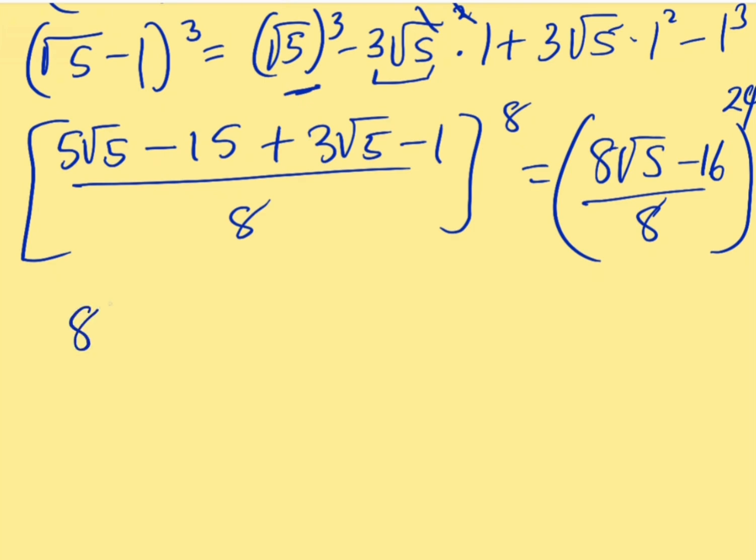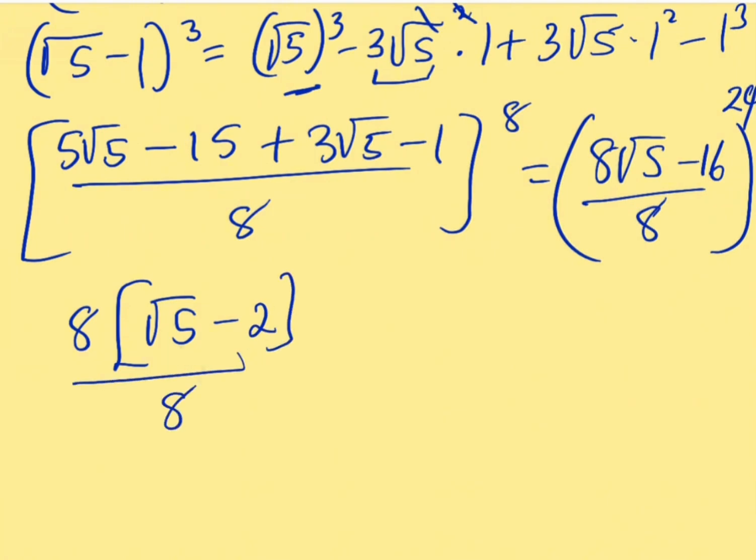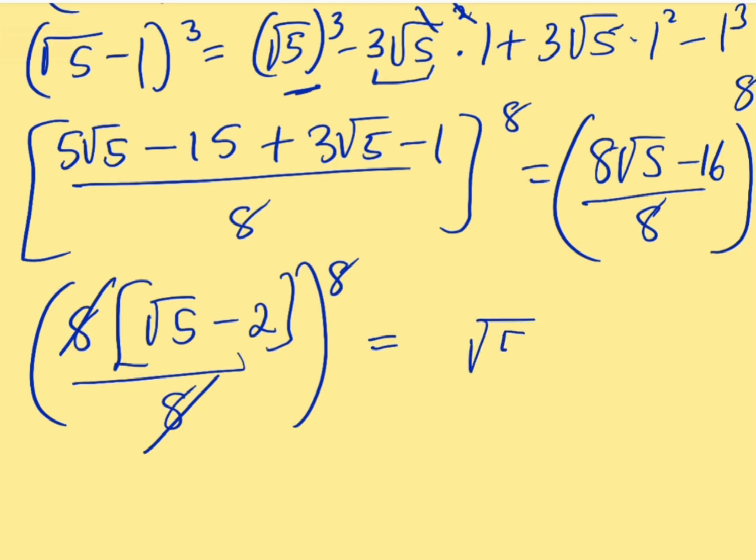That will be 8 into root 5 minus 2 over 8, then everything to the power of 8. This is the power of 8, please. This will cancel out this, leaving us behind with square root of 5 minus 2, all to the power of 8. This is what it will give us.